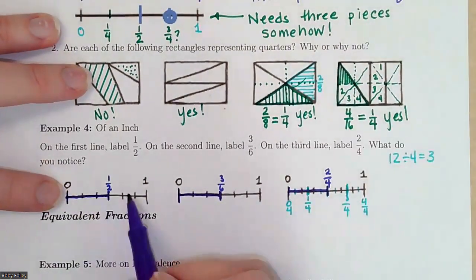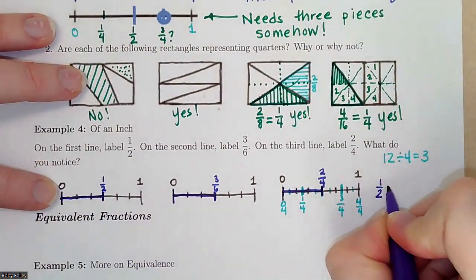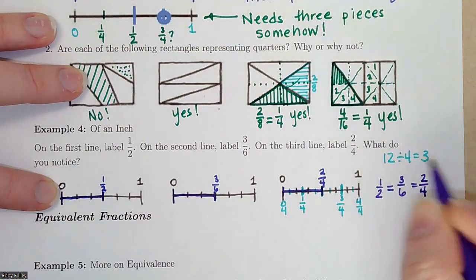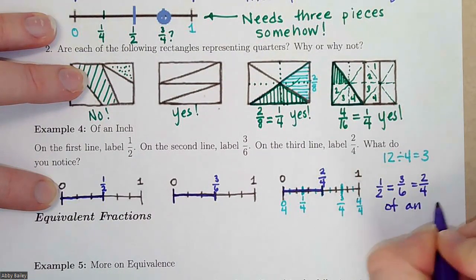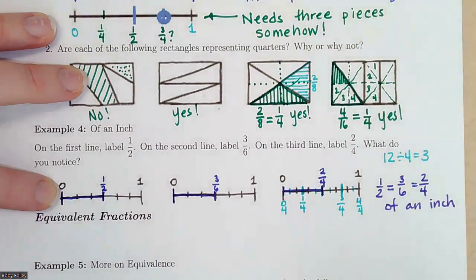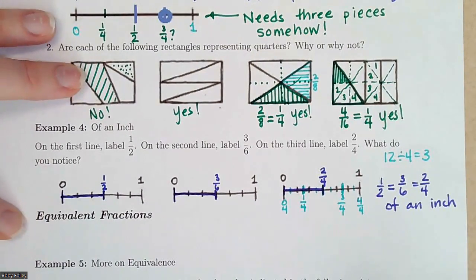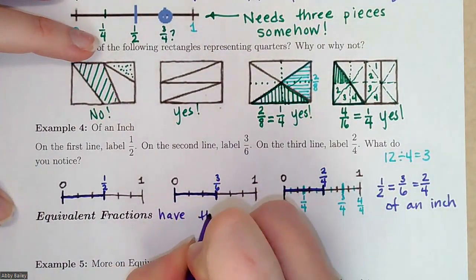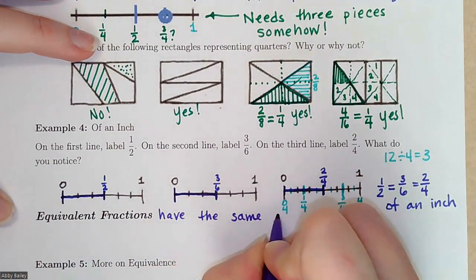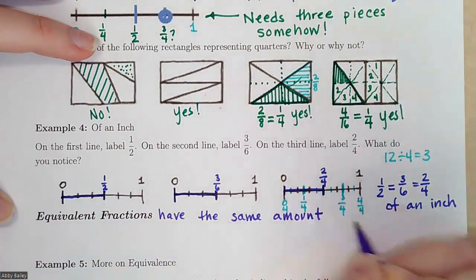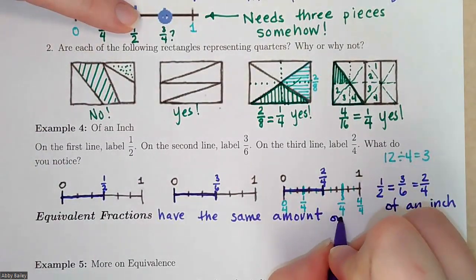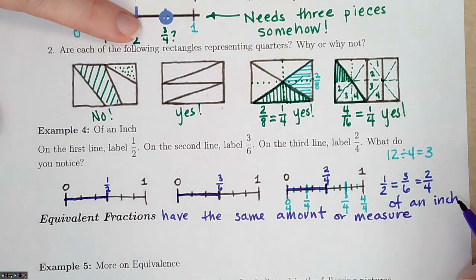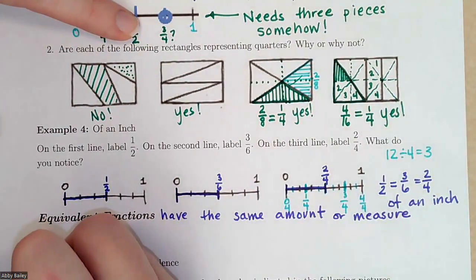So what I notice is that 1/2 is equal to 3/6 is equal to 2/4 of an inch, where my inch was the whole. So equivalent fractions have the same amount or measure, okay, but are represented differently.